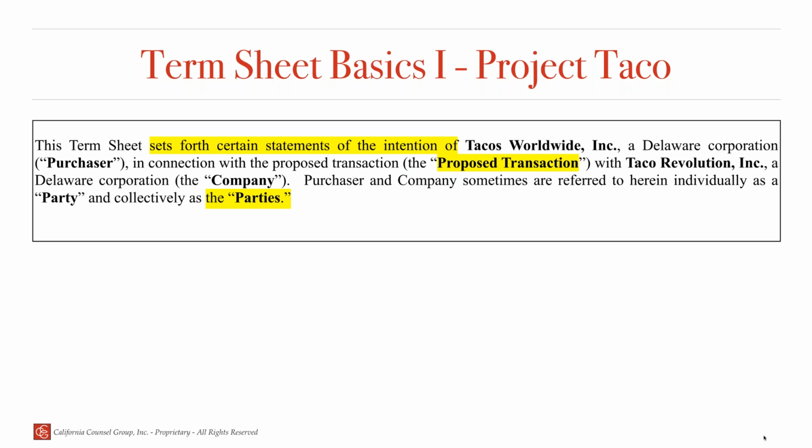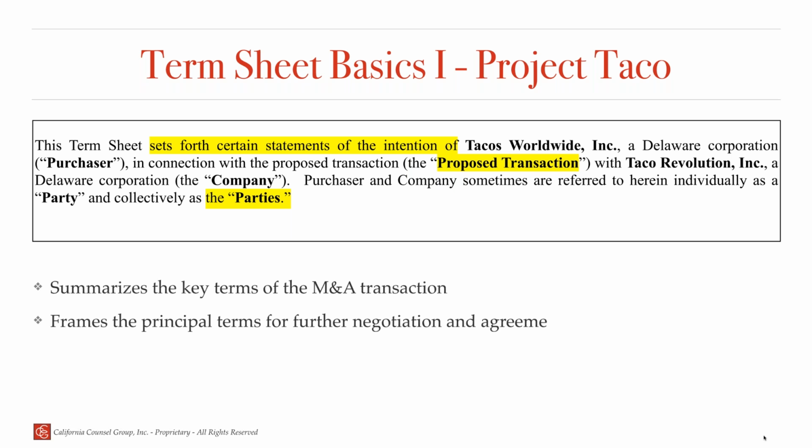So we've worked on Project Diamondback, Project Saddleback, Project Mercury, and so on. Today we're talking about Project Taco. So again, the term sheet is going to summarize the key terms of the M&A transaction, a lot more than just price, and is the roadmap for preparing the longer set of definitive documents.